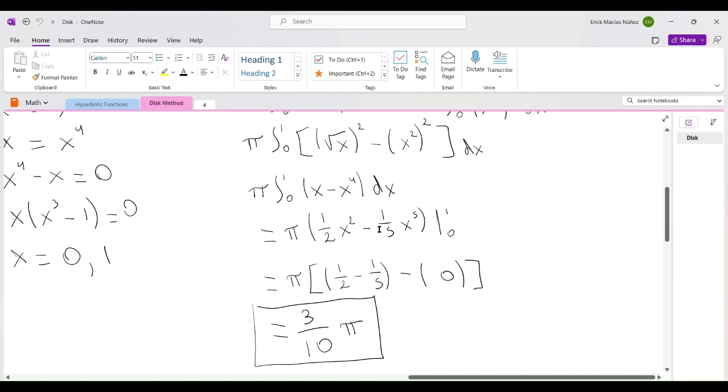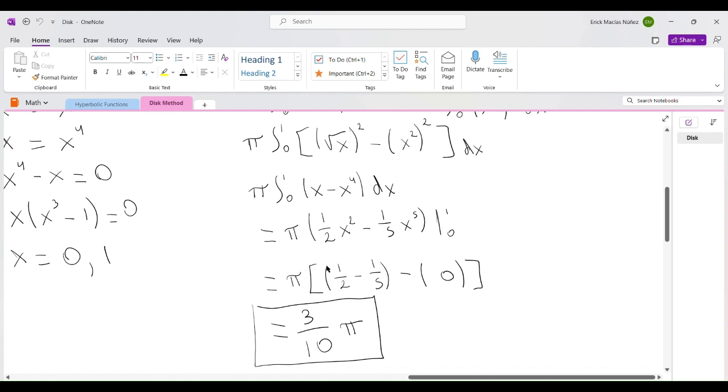Now when it comes to integrating, you integrate each term. You have half of x squared minus 1/5 x to the 5, from 0 to 1. In this step, you want to replace the x by the numbers that you have, the 2 points. You switch the x's with these two numbers.